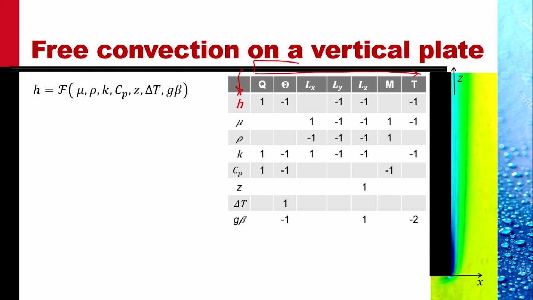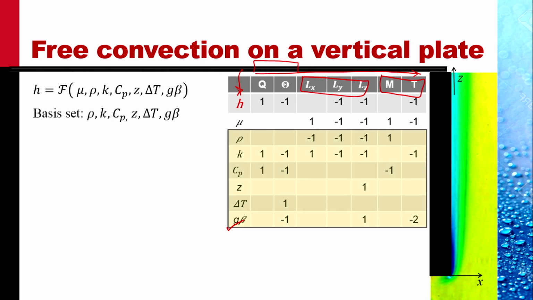These are the thermal quantities Q and theta, thermal energy and temperature. The length is broken up into these three, and mass and time. A total of 7 dimensions. We write the dimensions here. All of these have been obtained in the last few slides.